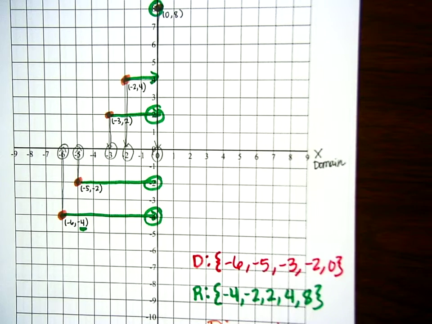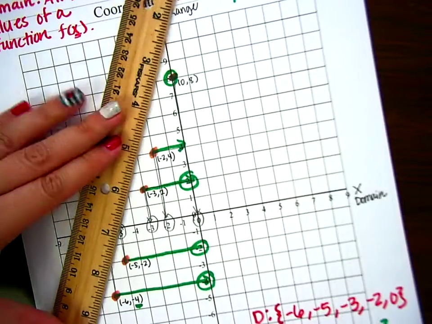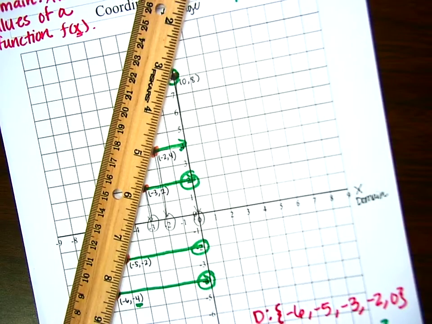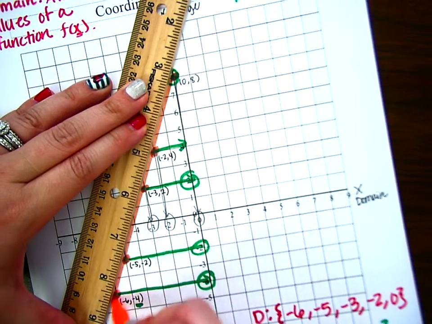Okay? Now we need to be able to write it for a continuous function. Remember, continuous is when it's something connected, when you actually have a line drawn through it. So that's an example of discrete. And now I'm going to show you an example of continuous.